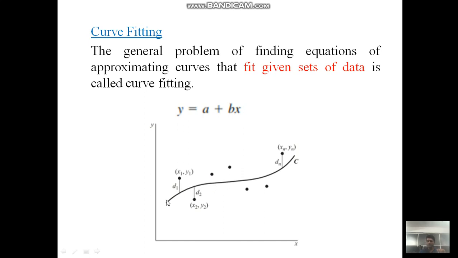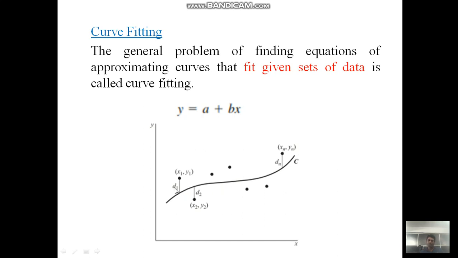In general we would like all the points to be on one line, but in many situations this is not possible. The points deviate from the curve. See in this figure, the first point is not on the curve but is here. The second point is again not on the curve, and x3 is a few centimeters away from the curve, and so on.